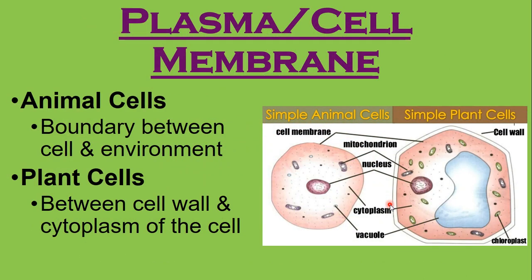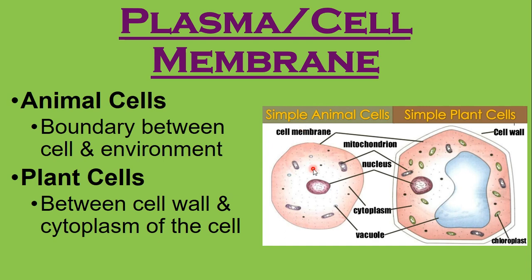So the plasma or cell membrane, we talked about in a previous video what its basic job is and what cells have it, but let's just talk about where it's located. In animal cells, it is the boundary between the cell itself and the environment the cell is in. You can see that here in this picture: cell membrane, environment, cell.